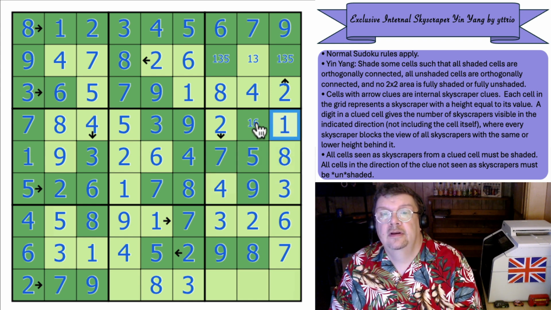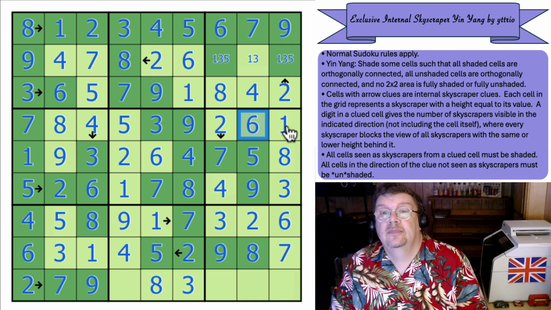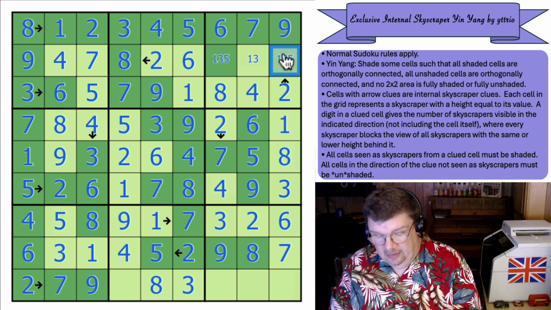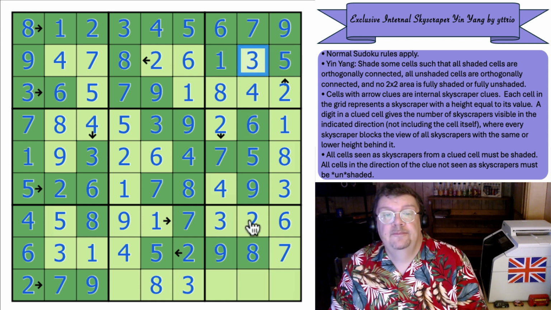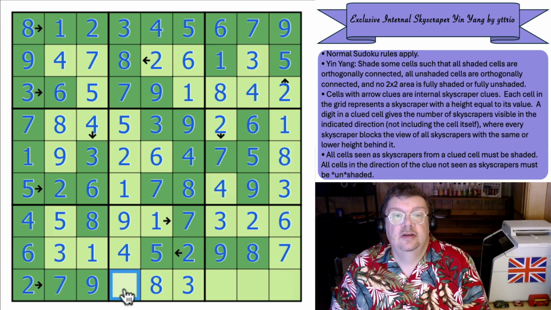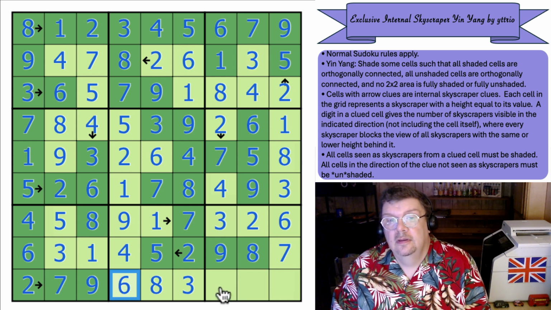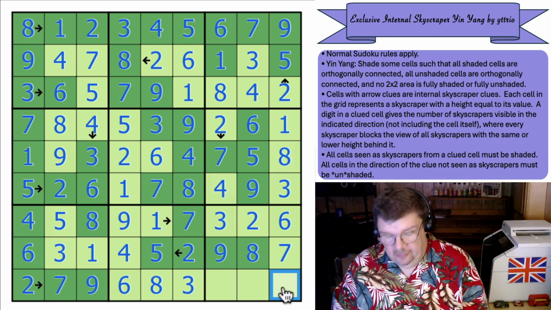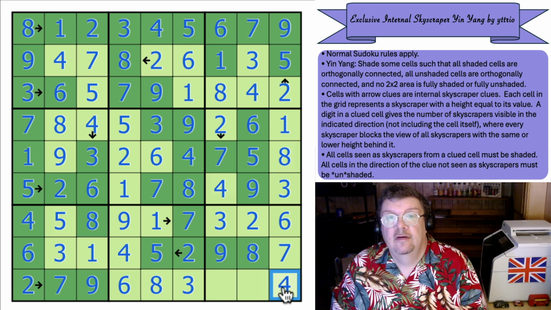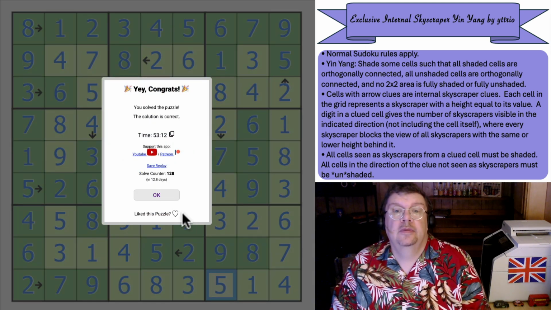That gives me a 1 and a 6. 1 and 3 there makes that 5. The 3 now makes that 1. That's a 3. This digit is a 6. 4 must go there. 1 here and a 5 there.